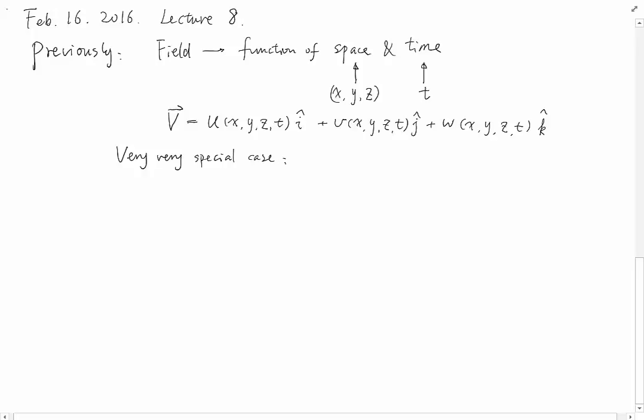In this case, we have only one velocity component, and this velocity component is only a function of y.